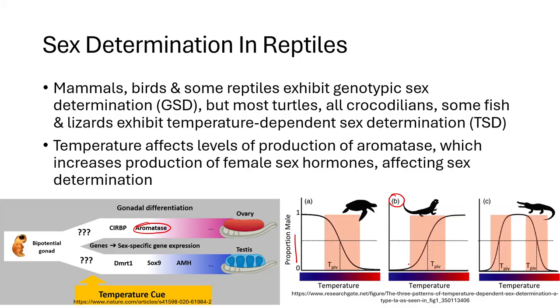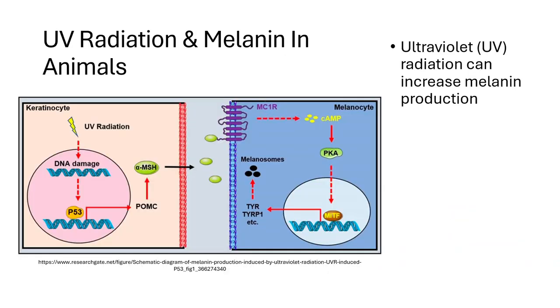And you'll see that they're the opposite. At lower temperatures, they produce mostly females. At higher temperatures, they produce mostly males. And then crocodilians, like crocodiles and alligators, are a little different. At either very low or very high temperatures, they'll produce mostly females, but at medium temperatures, they'll produce mostly males.